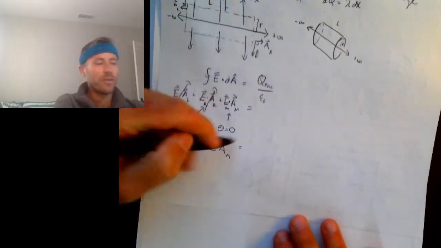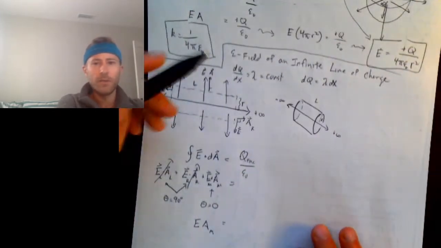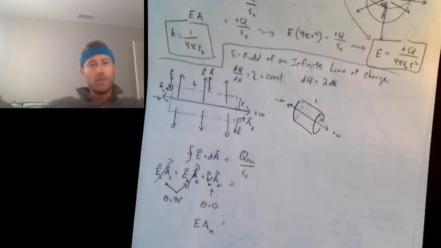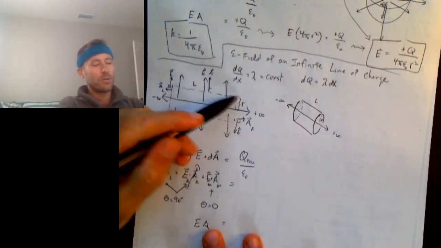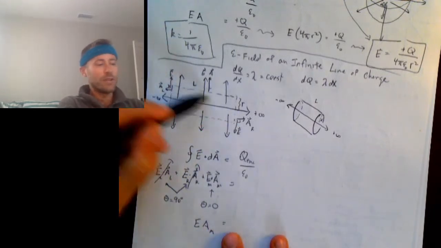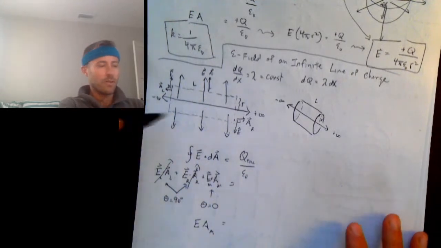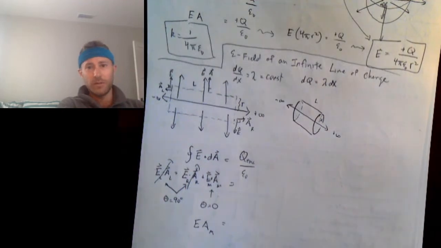Let's talk about the right-hand side. If you have an infinite line of charge, it's obviously going to have an infinite amount of charge. But our Gaussian cylinder is finite, so it's only enclosing a portion of that infinite line. In fact, it's enclosing a length L of the infinite line of charge.